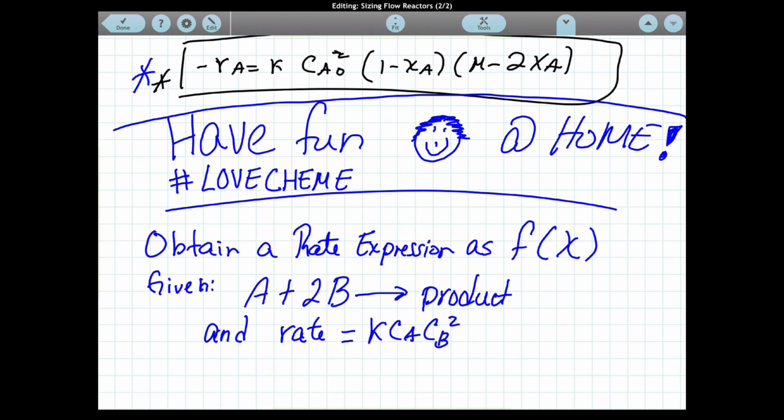I want to conclude this introduction to the sizing of the reactor: you can imagine that the integration, or the math, becomes more intense as the order and the number of species increase in the rate law.